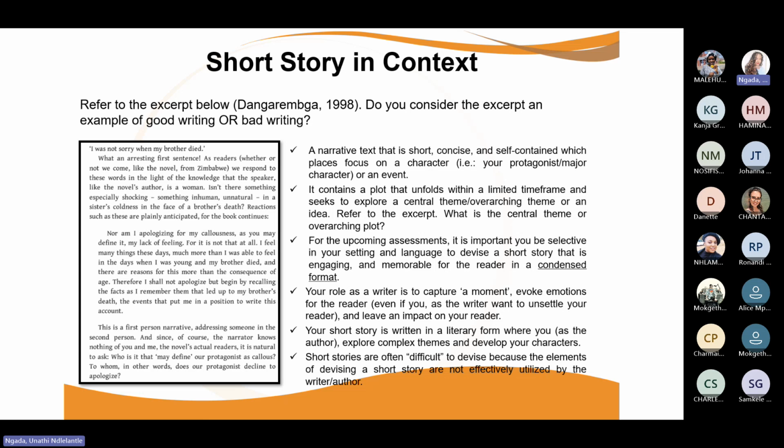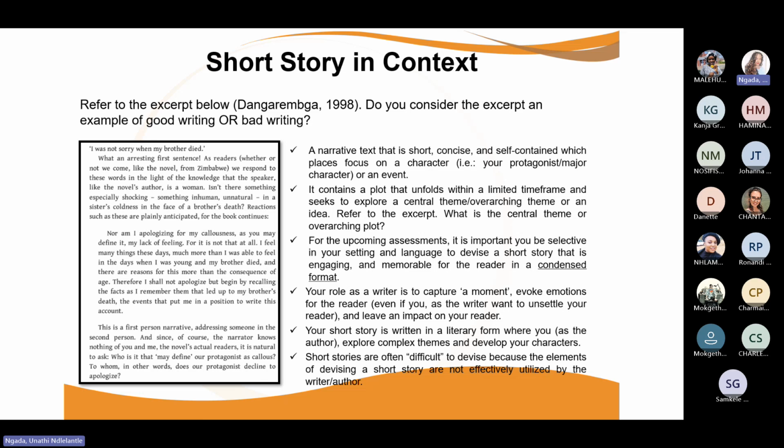When you look at this provided excerpt, what do you think the central theme is, or what the overarching plot is? This is something I would like you to think about and make a note of when you go through this excerpt in your own time. When you're preparing for the upcoming assignment, it's very important that you be extremely selective in the setting of your short story, as well as the kind of language that you're going to use.